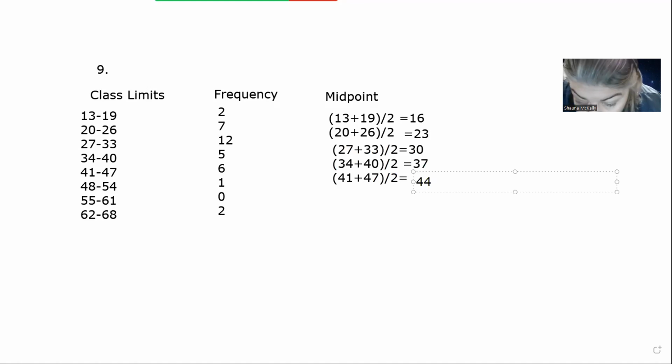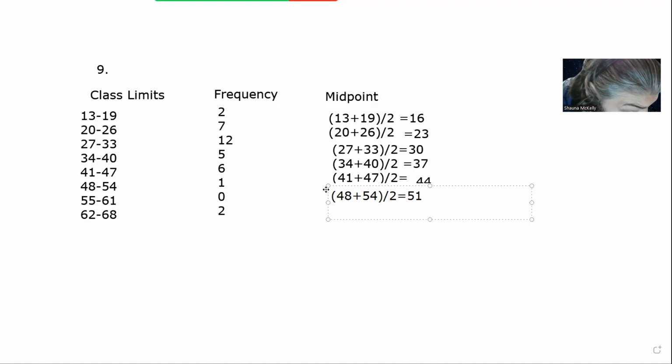Then we have 48 plus 54 divided by 2. That's equal to 51. 55 plus 61 divided by 2 is 58.